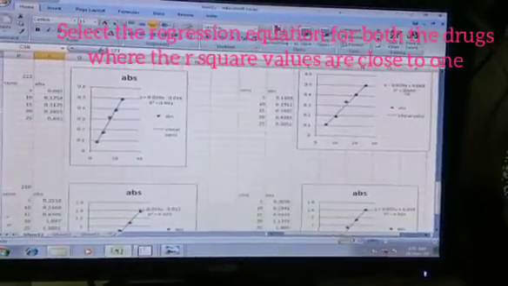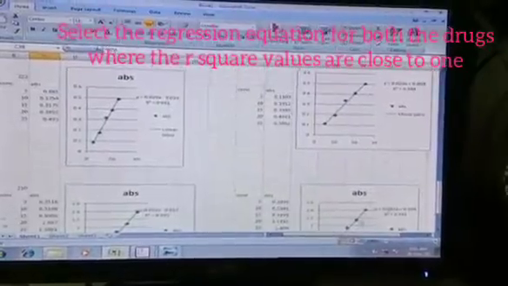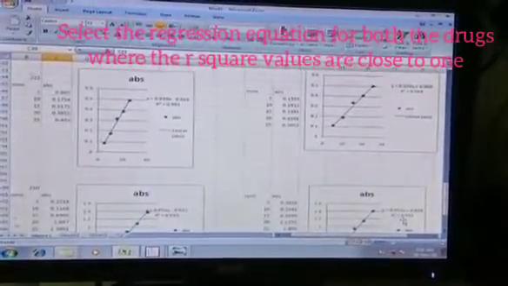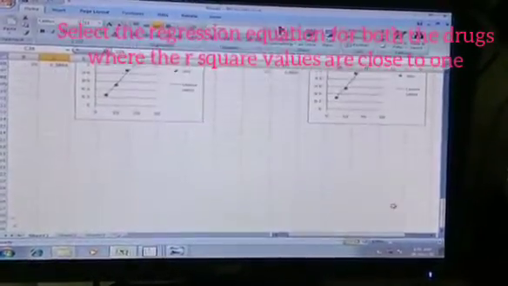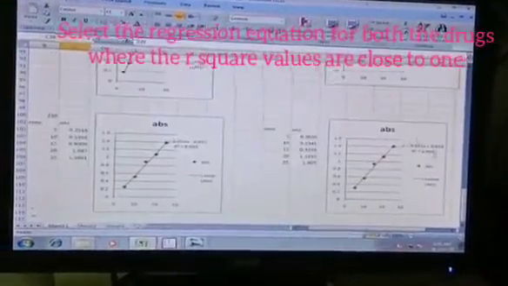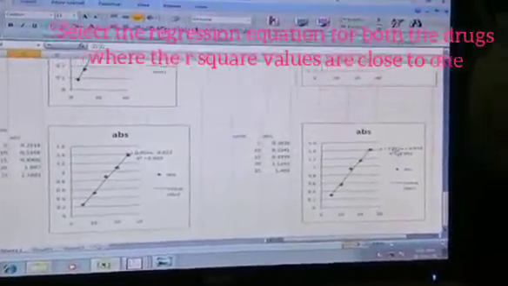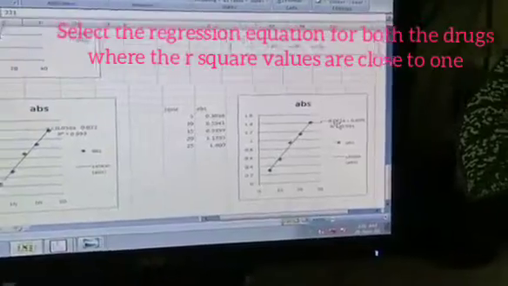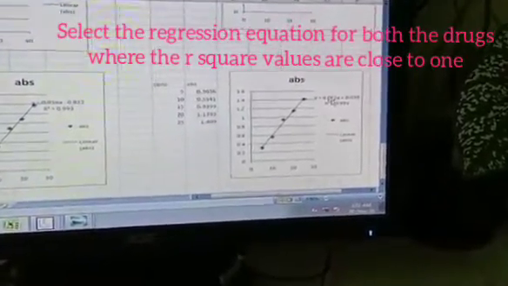See here, I have got for ramipril 0.988. The next one is 0.991, which is close to 0.999. So I will be taking this y equal to mx plus c regression equation for calculating the tablet solution.